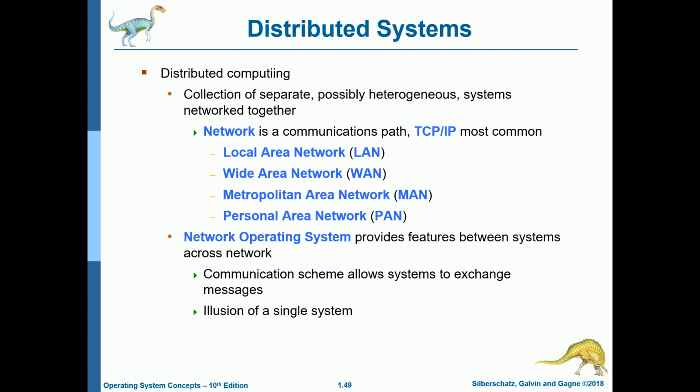This can be implemented using a local area network, a LAN, wide area network, a WAN, metropolitan area network, a MAN, or a personal area network, a PAN. Now, a network operating system provides features between the systems and across the network. It establishes a communication scheme that allows the systems to exchange messages, and it gives the illusion that all of this is one system.